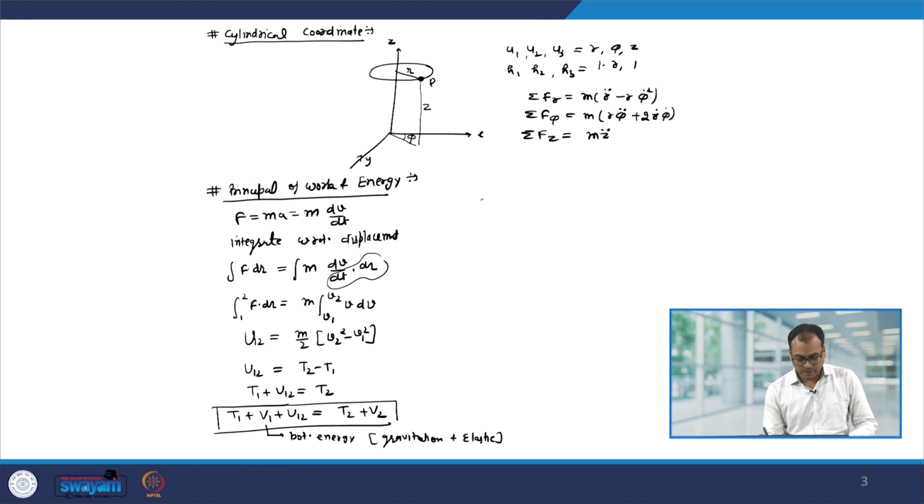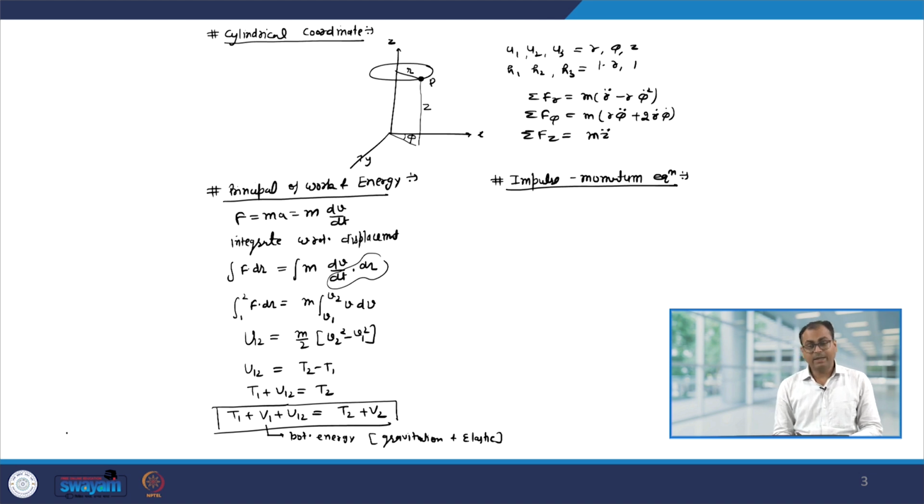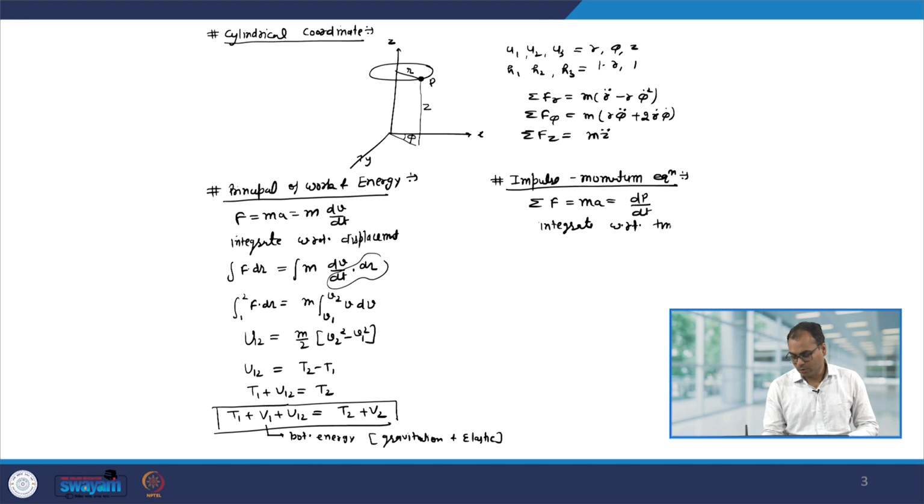We also look at the impulse momentum equation. And the impulse momentum equation we got again from Newton's law by integrating with respect to time. So, again we have summation F equal to m a, this was dp by dt, and we integrated this with respect to time.